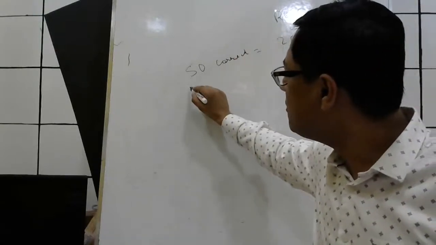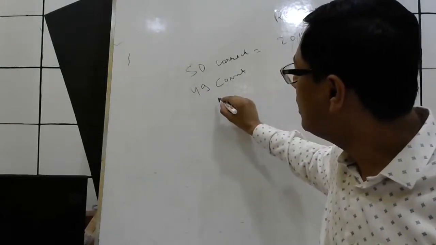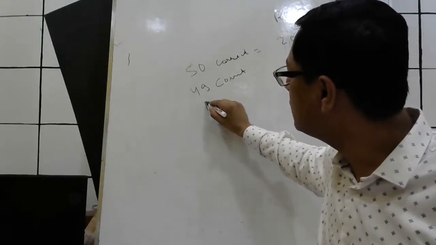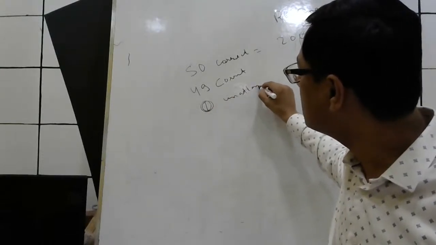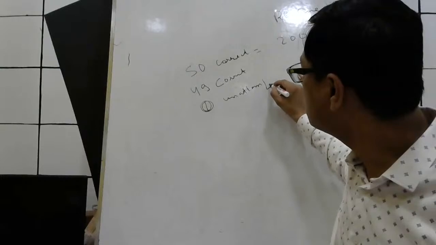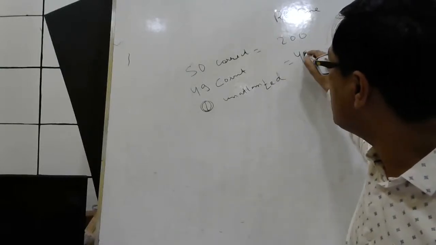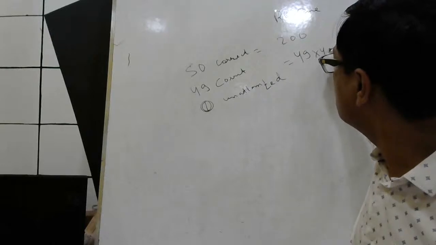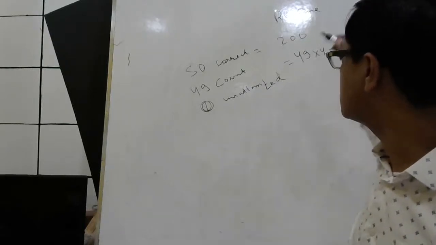Now, if 49 are correct and 0 unattempted, the score is going to be 49 into 4, which is 196.